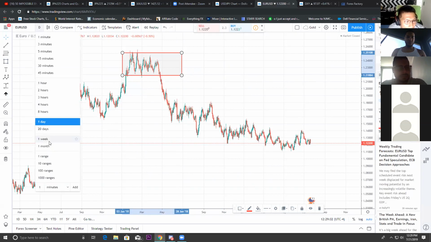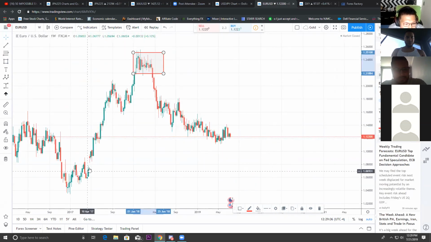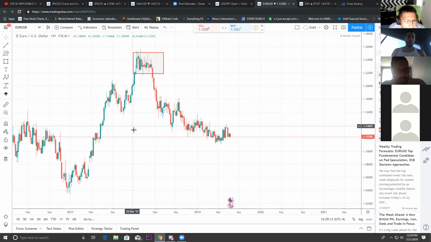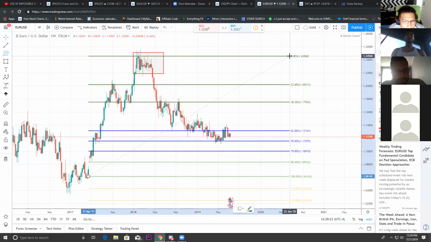Yeah. So the weekly, right? This gap right here. Okay, on the weekly it makes a little more sense for me. I would draw my fibs pretty quick from this break of structure to the highest.